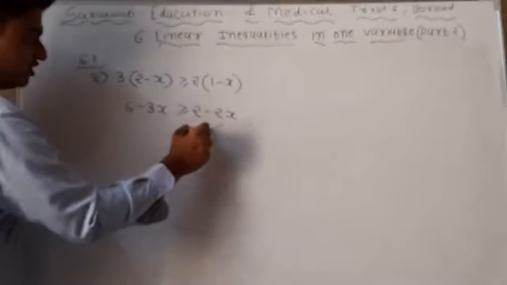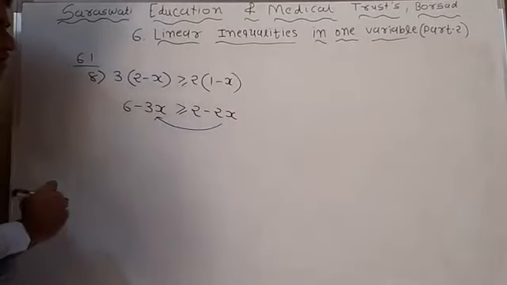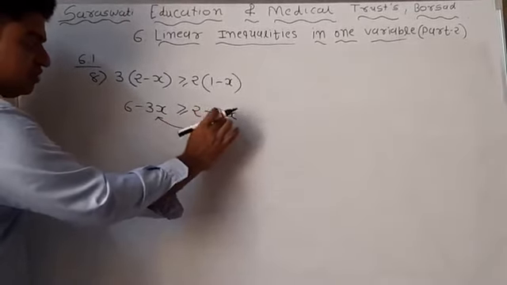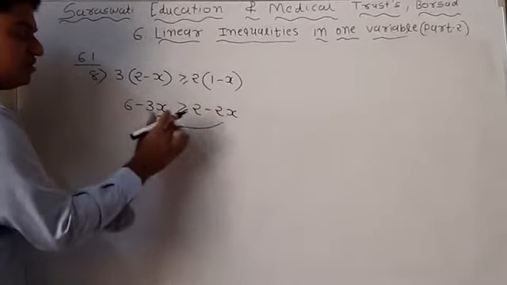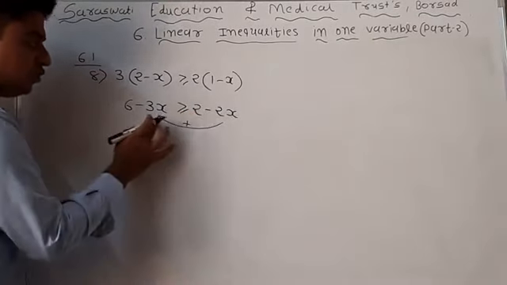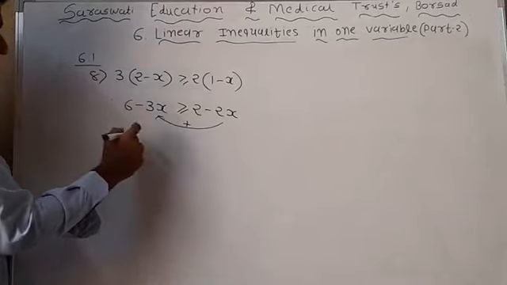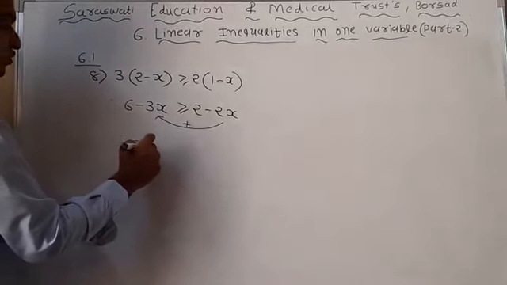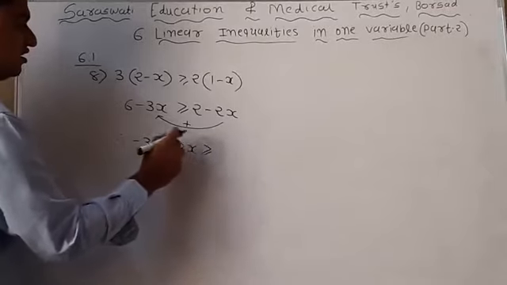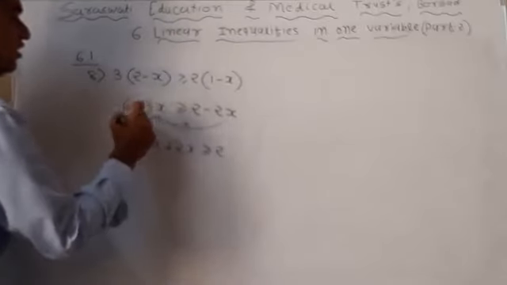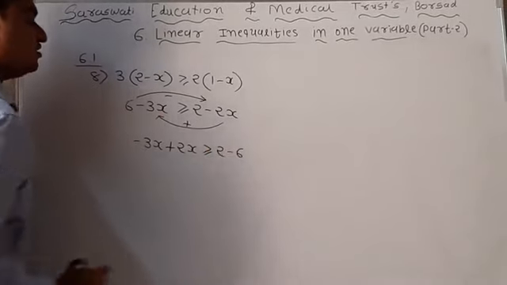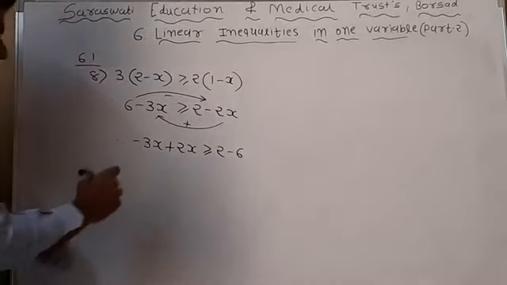Now all these values, write them on the opposite side and change the sign. So here minus 2x, the negative sign is present, so we write it on the opposite side as plus. So minus 3x plus 2x greater than or equal to 2. Here plus 6, write it on the opposite side and change the sign, so minus 6.